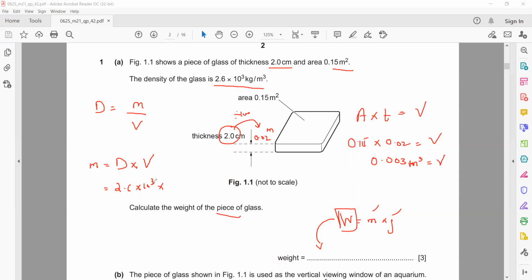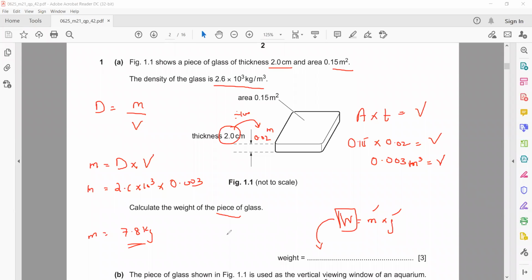Now we have the volume, we have the density, so we multiply 2.6 into 10 to the power 3 multiplied by 0.003. What is the mass? So what we get? We'll get the mass as 7.8 kilogram.